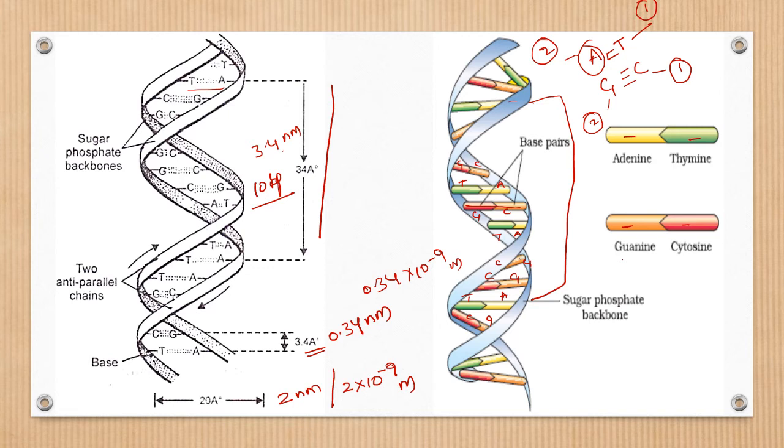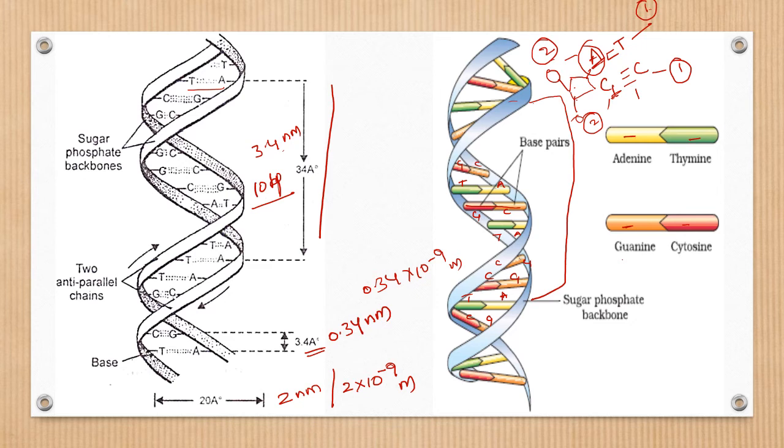So the two nucleotide chains are joined by hydrogen bonds between the nitrogen bases. Here is the pentose sugar, and it ends with the phosphate group. This is adenine, and this nucleotide joins with another nucleotide through phosphodiester bonds.